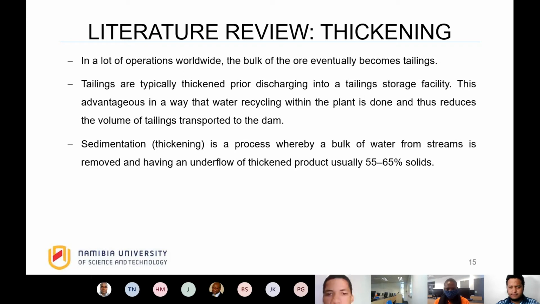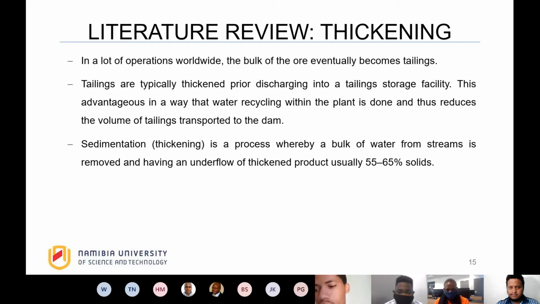Now, in thickening, or rather sedimentation, what you are doing is trying to separate liquid from solids, from the upstream so that it doesn't affect the downstream.